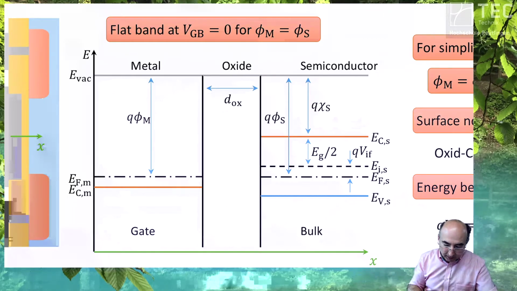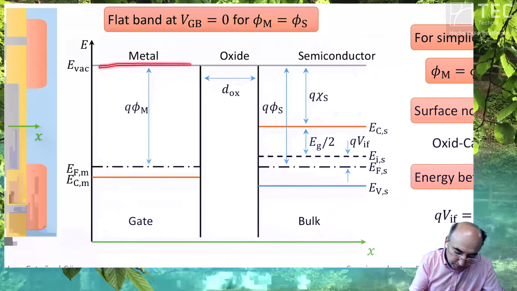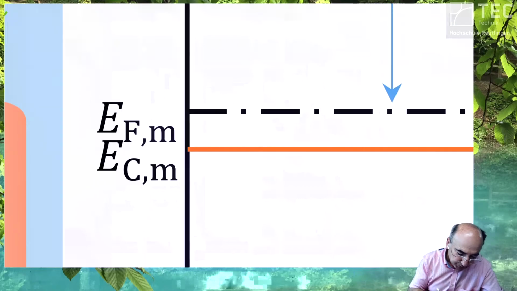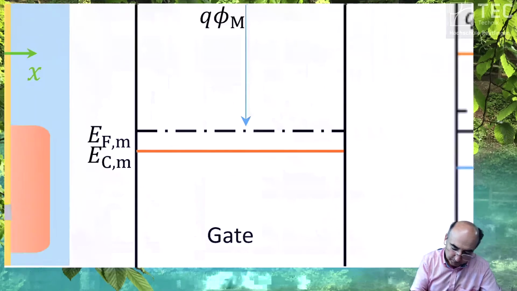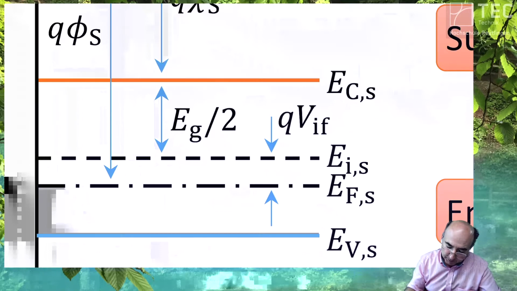Okay, now let's analyze all the lines in the band diagram. The vacuum level we have here. The metal has its Fermi level above the conduction band. Here we have the index Fermi level of the metal, conduction band edge of the metal. Let's go on with the semiconductor. S for the semiconductor.